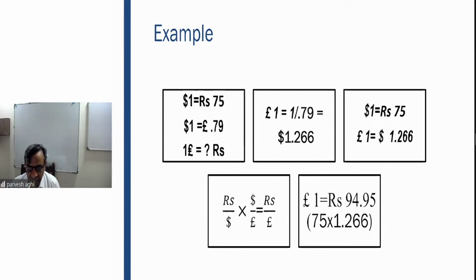Okay. Now we can achieve this in a different manner. So what we can do is we can just simply divide. I'm opening my calculator. I can take 75 divided by 0.79. If I do this, I'll get the same answer.